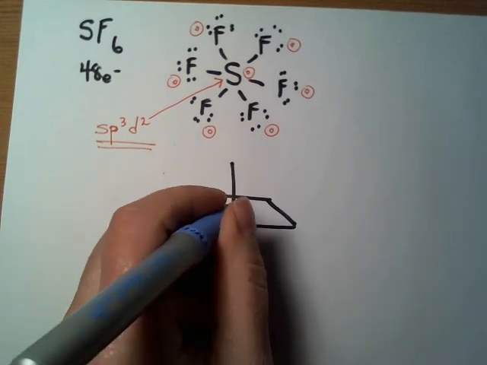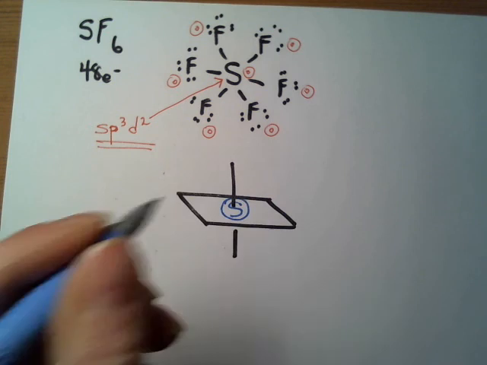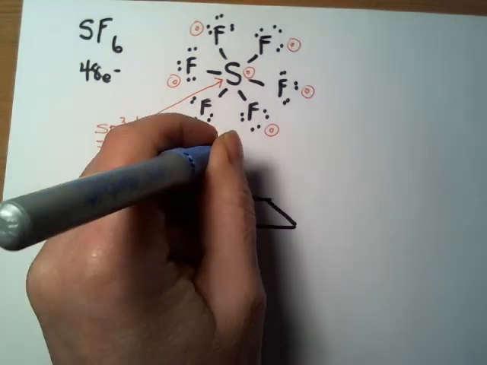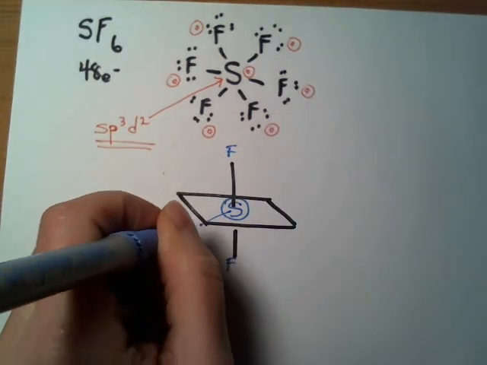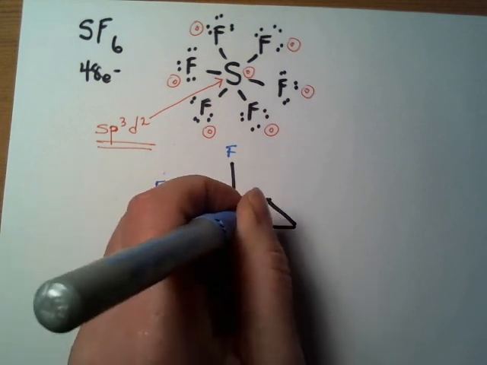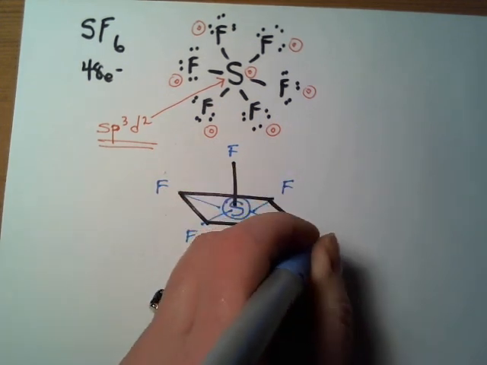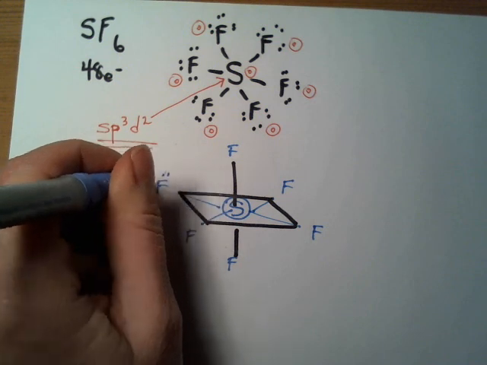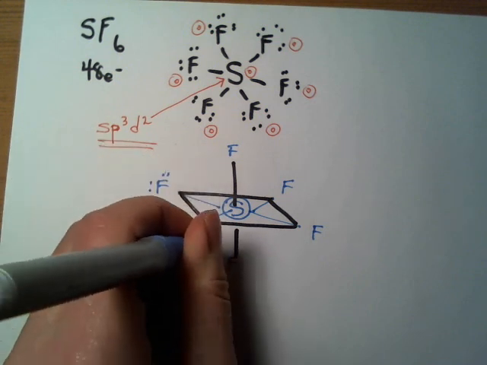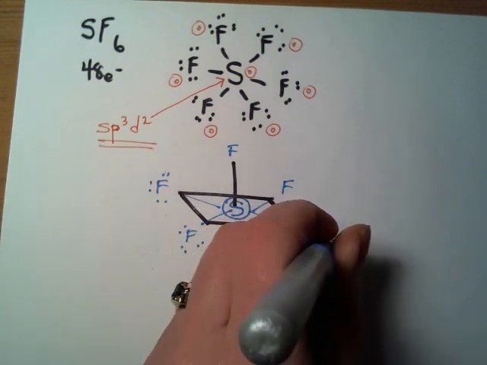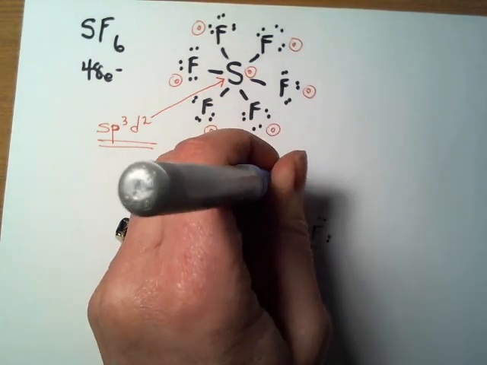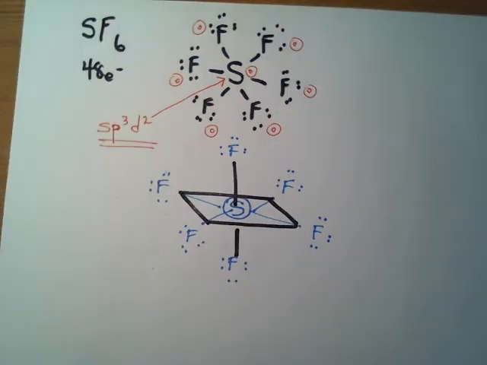So I have my sulfur in the center, and I have a fluorine here and here, and then I have them at each corner here. So 2, 4, 6, 8, all the fluorines are dotted with their electron pairs, and the electron group geometry is octahedral. The molecular geometry is octahedral.